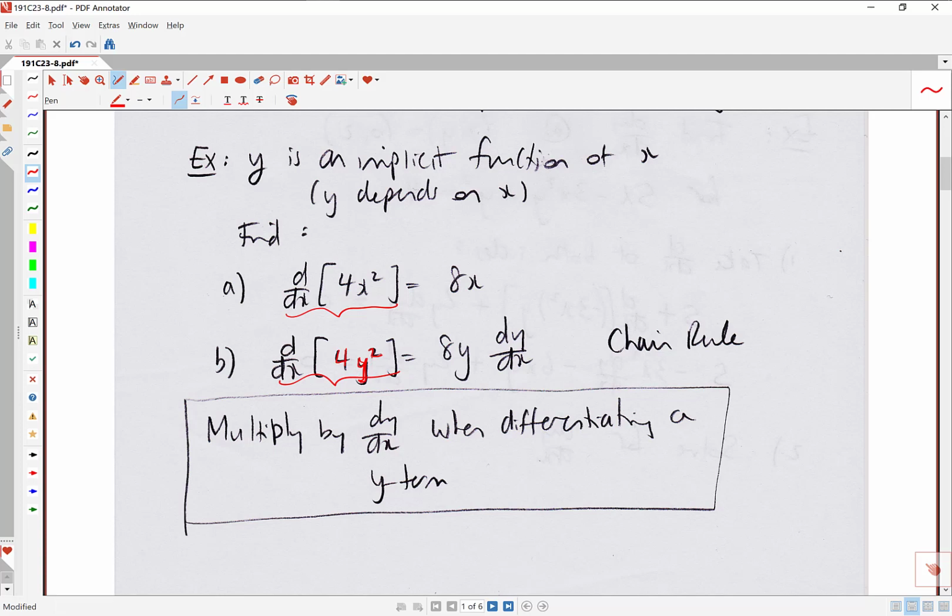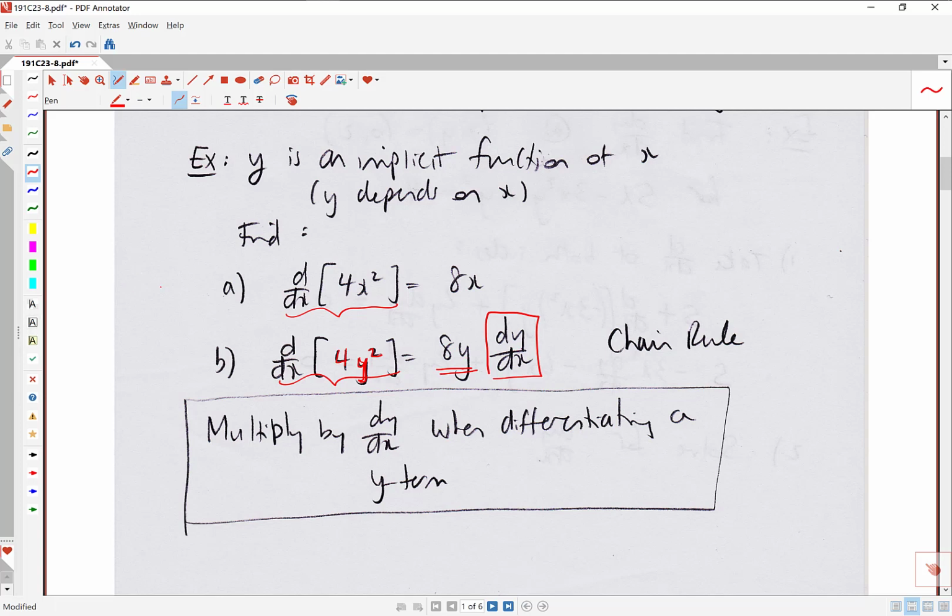So according to the chain rule, we're supposed to take the derivative of the outside function first. So that would look like 8y. And then we should multiply by the derivative of the inside function. Well, if y is the inside function, then that derivative would look like dy by dx. So according to the chain rule, we get 8y times dy by dx.